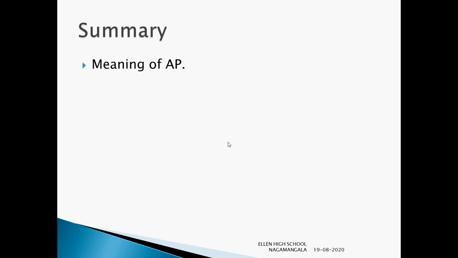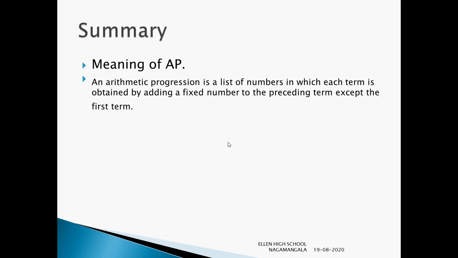That means we have to add a fixed number to the preceding number, except for the first term. Before the first term we don't have any fixed term. After the first number we add the fixed number, then we will get the next terms.